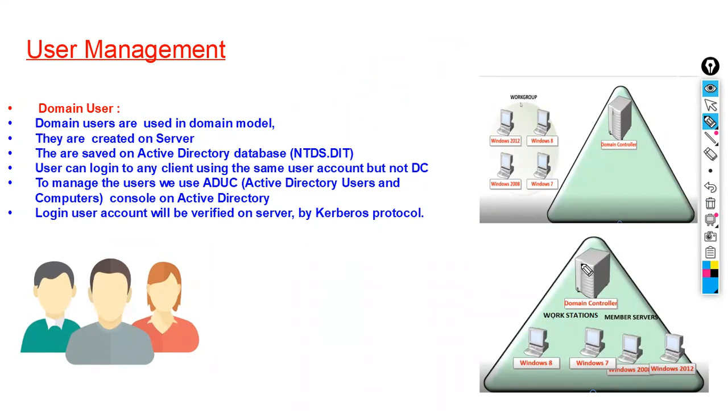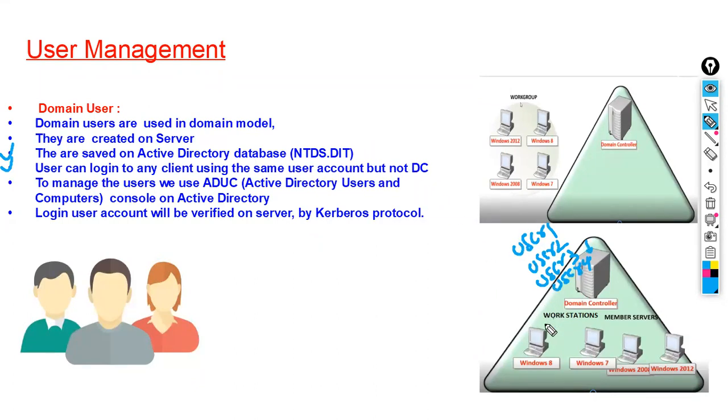You are going to create all the users in the domain controller. So they are created on server and they are saved on Active Directory database. And what is Active Directory database? ntds.dit. And user can log on to any client using the same account, but not DC.